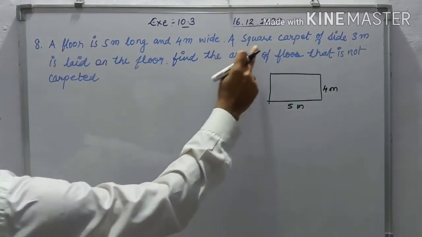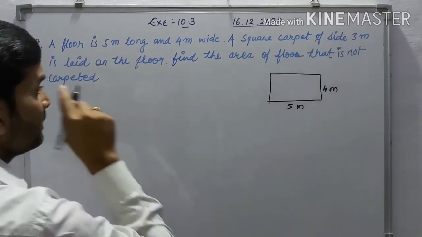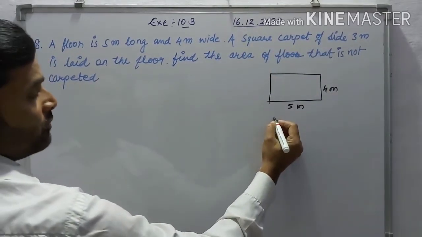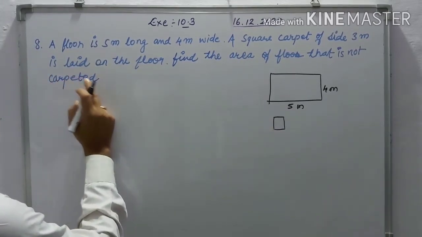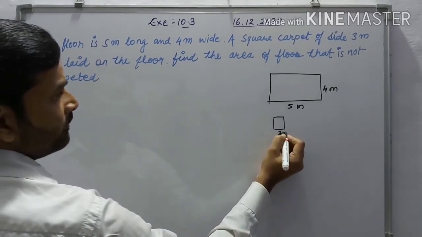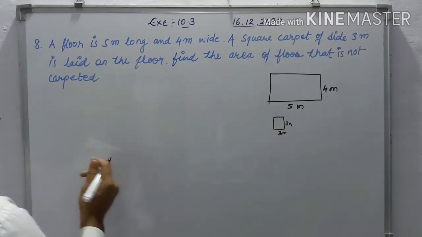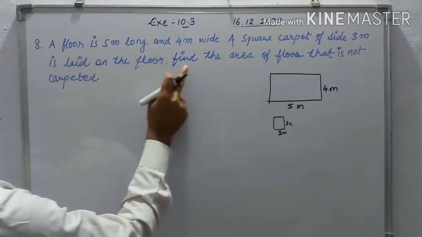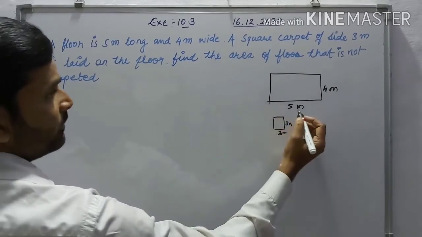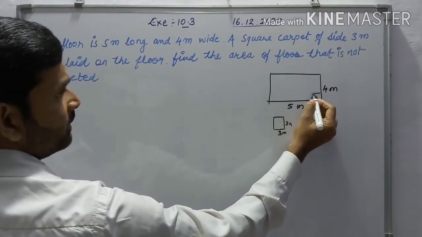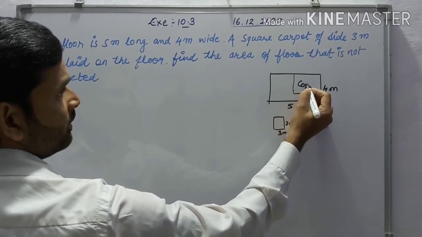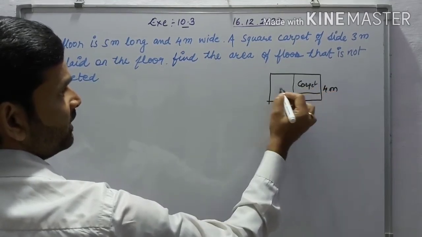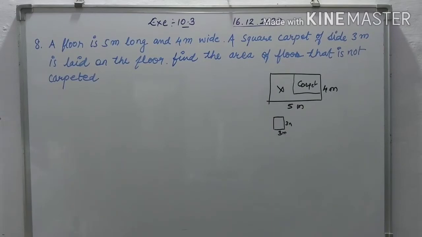Okay, a square carpet with side 3 meter is laid on the floor. Find the area of the part not carpeted. Suppose the side is 3 meter, that is the carpet. So how much area is required for the part not carpeted?